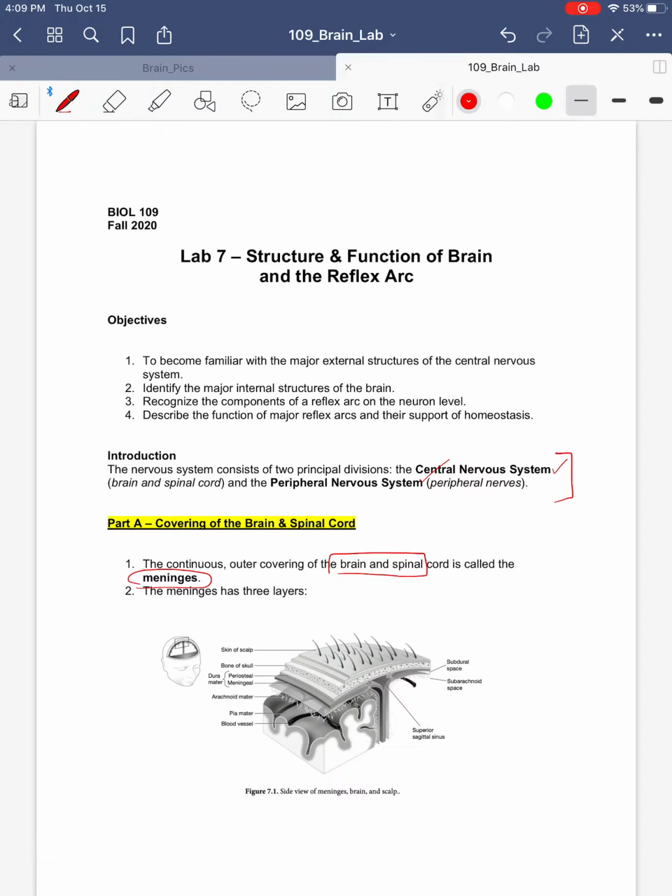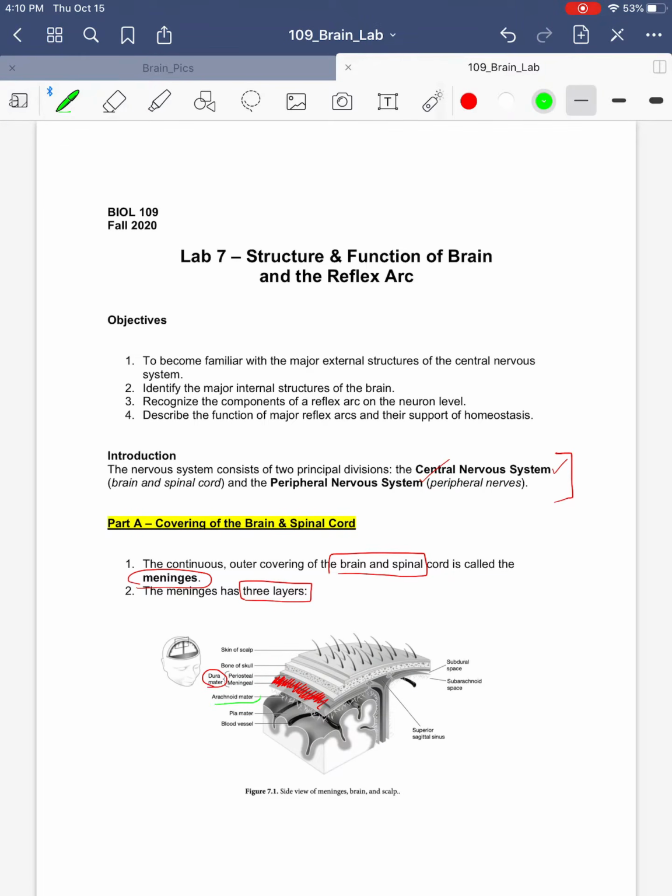The meninges collectively has 3 layers. The outer layer is called the dura mater. It does technically have 2 layers, but we're just going to consider the dura mater, what I'm coloring here in red. Of course we have the skin and then the skull, and this is the layer right under the skin and the skull.